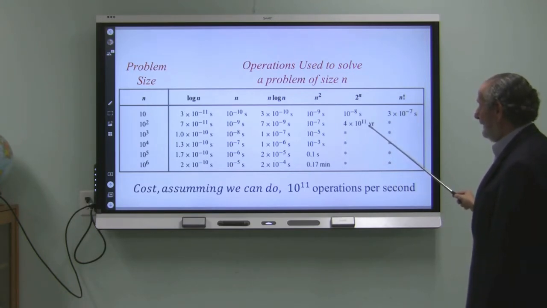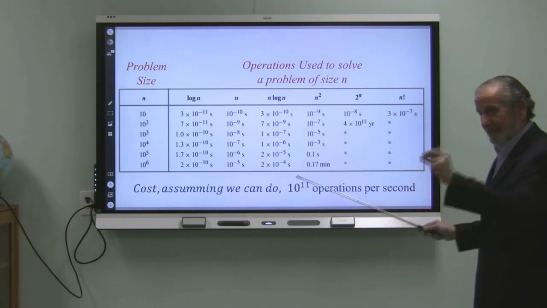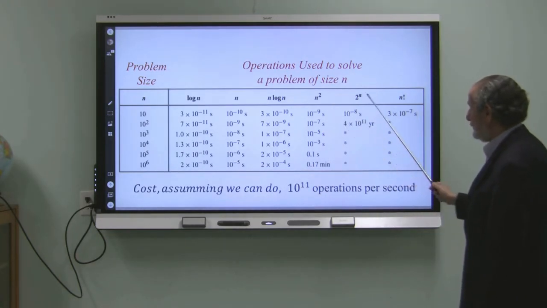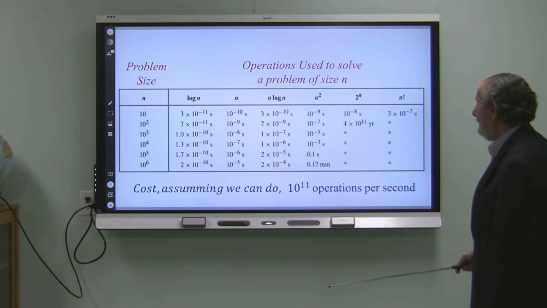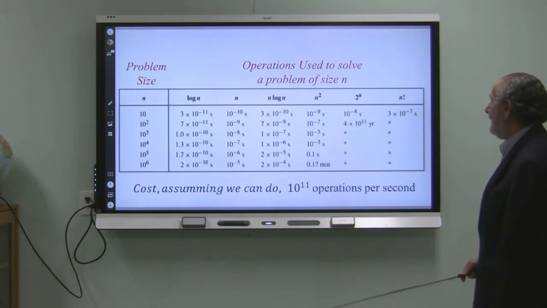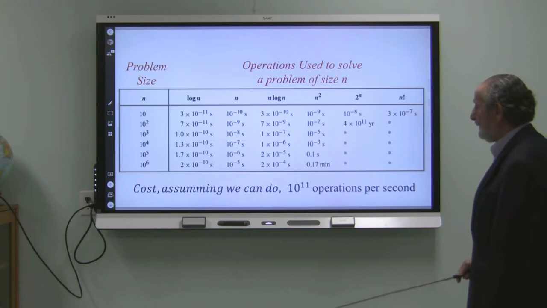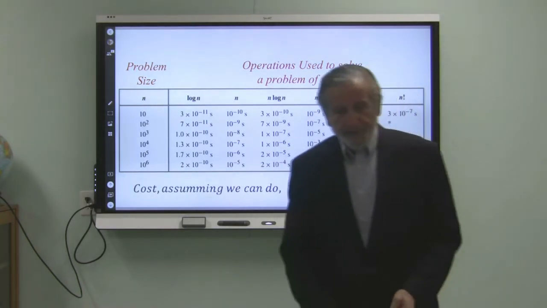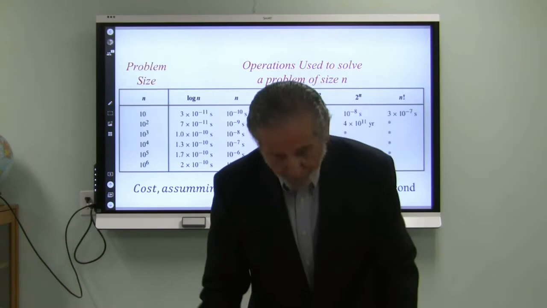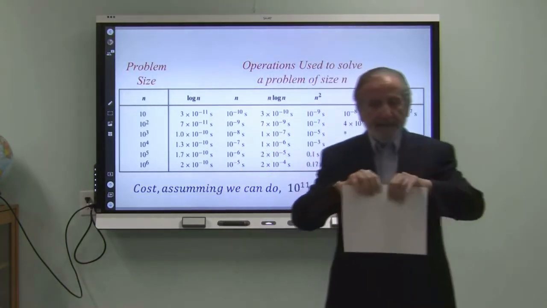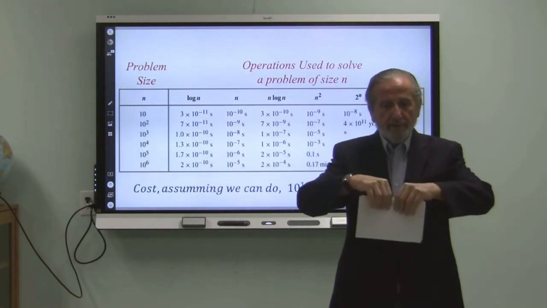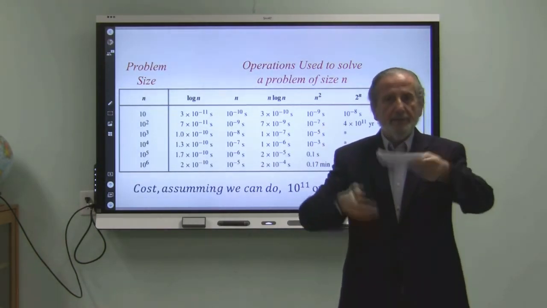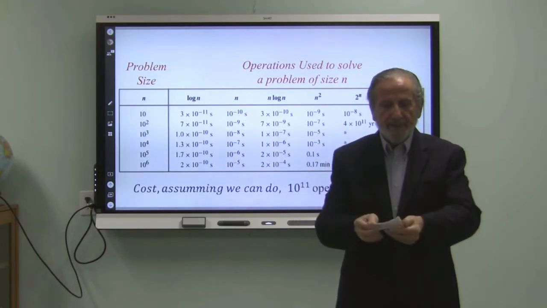And remember what I was doing earlier at the very beginning. I was comparing n squared with 2 to the power n. Even though I multiplied by 10, it doesn't really matter. So 2 to the power n is not a joke. It grows really, really quickly to very, very large numbers. Now, I sometimes ask my students, if I take a paper like this and cut it in half, put them together, cut it in half again, put them together, cut it in half, and put them together.